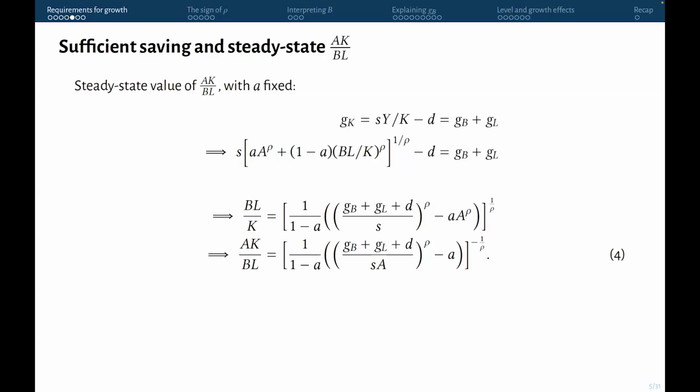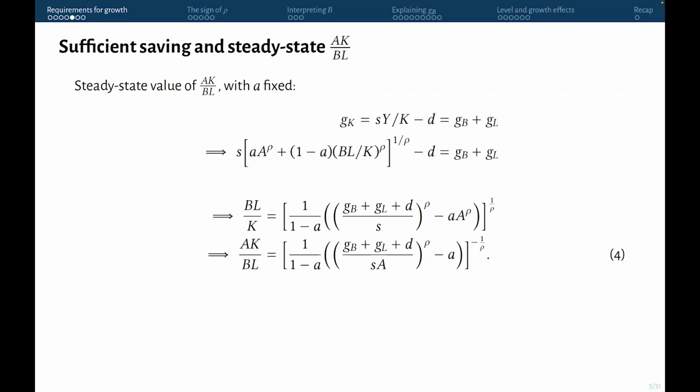And so you're going to get a steady state value of effective capital to effective labor. You can work out what that steady state value is by remembering the law of motion for capital, like we just saw on the other slide, and setting it equal to the growth rate of effective labor. So we ask under what conditions we will have reached this steady state of equality, and sure enough, there is one.